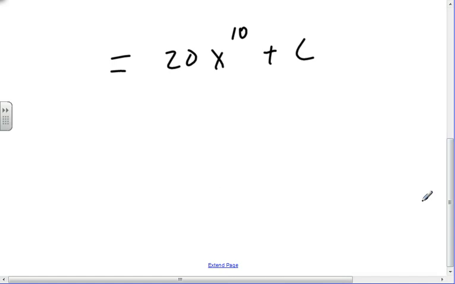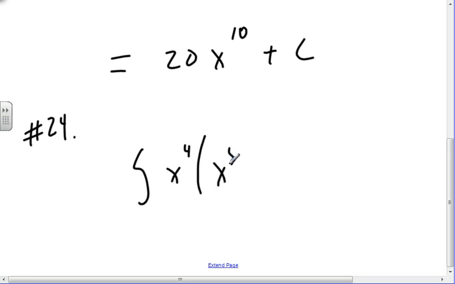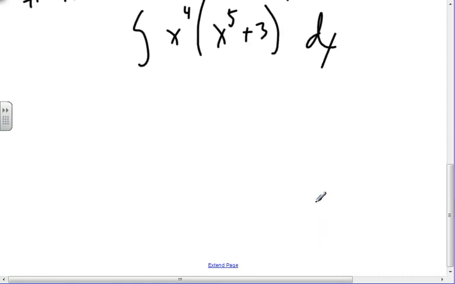So that works just fine. I'm going to look at problem number 24. We've got the integral of x to the 4th times x to the 5th plus 3, raised to the 7th. What we would do is make a guess.